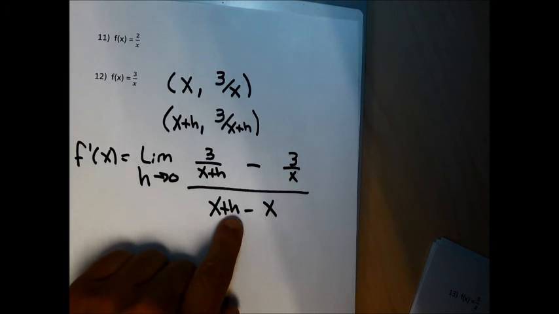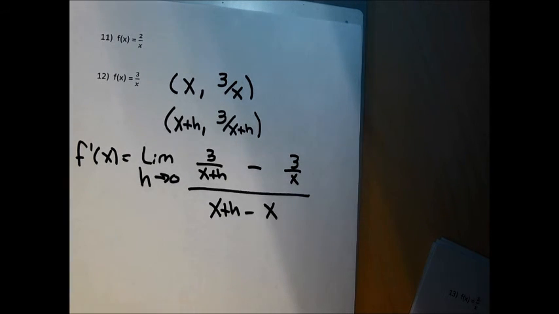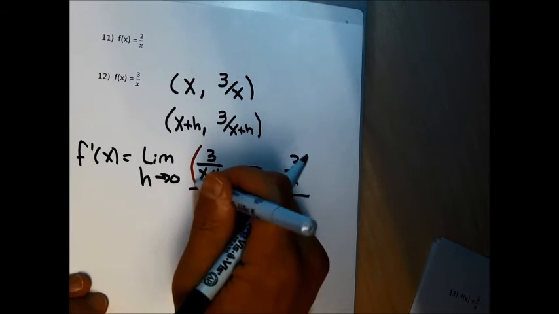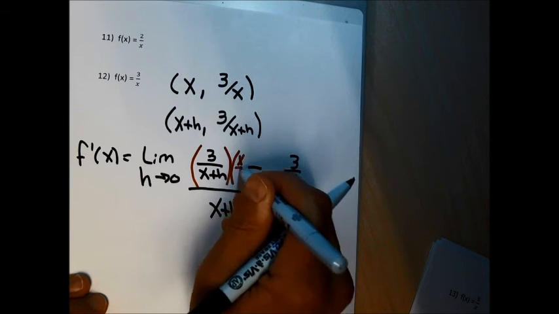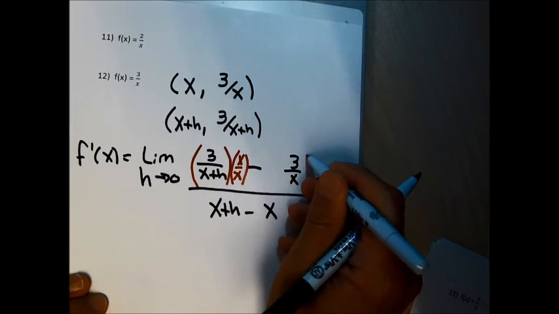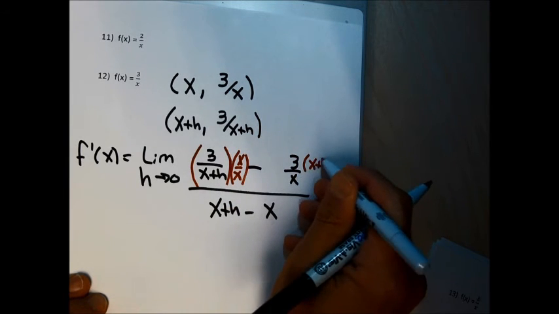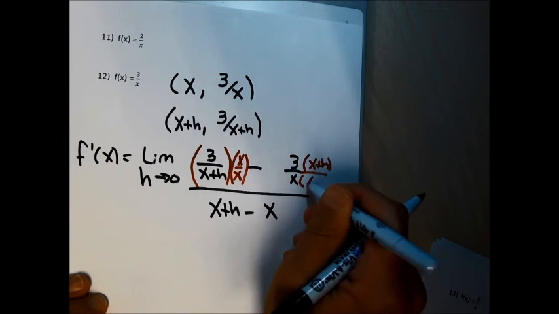The denominator is easy. You just get a lonely h. The numerator's a disaster. I need to get a common denominator in the numerator. I need to take this first fraction and multiply it by x over x, and the second fraction and multiply it by x plus h over x plus h.